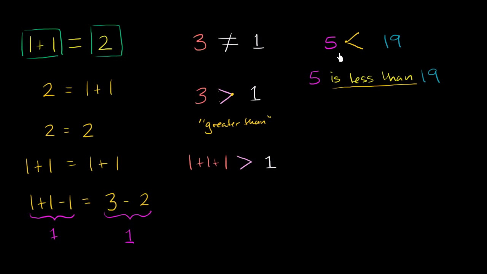And so this would be read as 5 is less than 19. 5 is a smaller quantity than 19. I could also write 1 plus 1 is less than 1 plus 1 plus 1. It's just saying that this quantity, 1 plus 1, is less than 1 plus 1 plus 1.